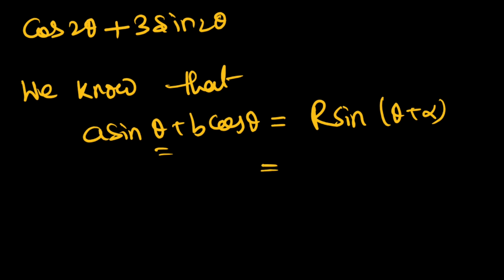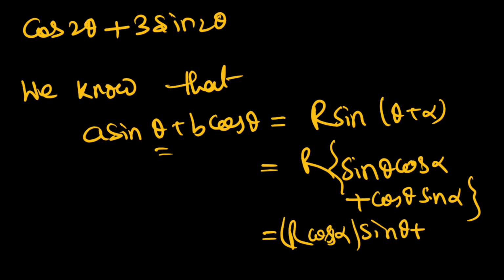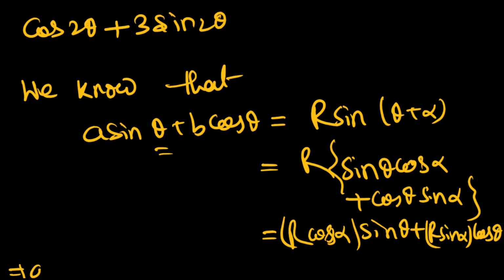If we expand sin of theta plus alpha, sin theta cos alpha plus cos theta sin alpha, that is r cos alpha sin theta plus r sin alpha cos theta. So we compare left hand side and right hand side, then we get a is equal to r cos alpha and b is equal to r sin alpha.